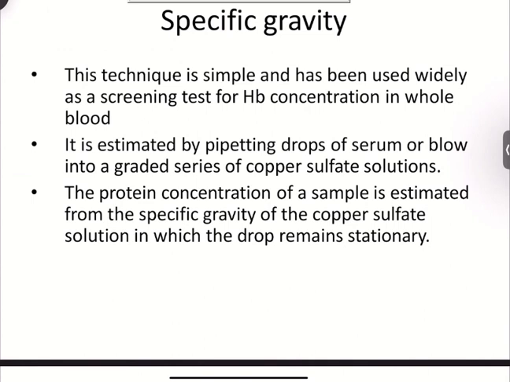This is only a qualitative test for your hemoglobin. For hemoglobin qualitative testing, the result you get is only enough or not enough, normal or low values. Only normal and low.